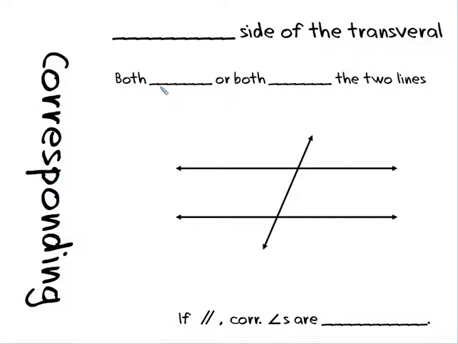Okay, so this is the most important part of the lesson. You will glue these in your folder. But corresponding angles are on the same side of the transversal, and they are both above or both below the 2 lines.